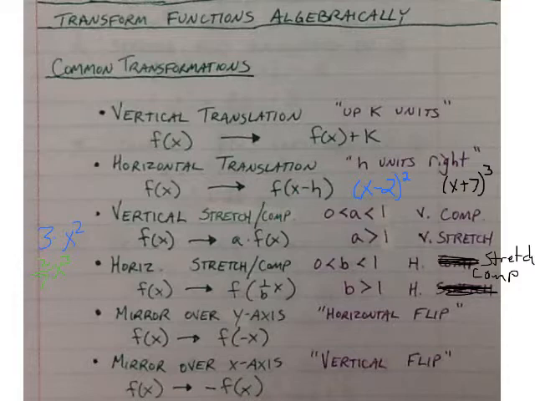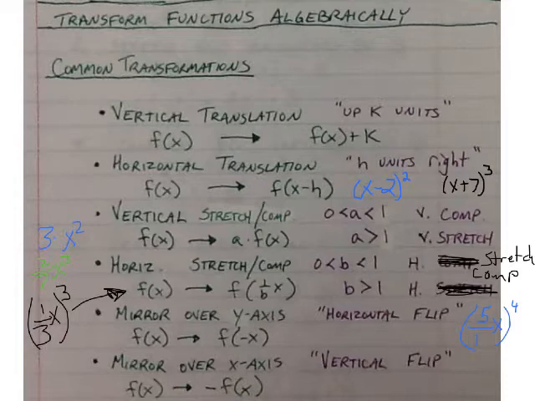For example, if you had 1/3 of x to the third power, that is stretching by a factor of 3, as opposed to 5 over 1, x quantity to the fourth. That's going to be compressing it by 1/5.